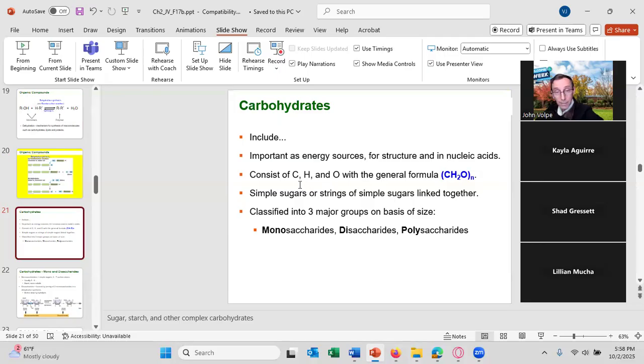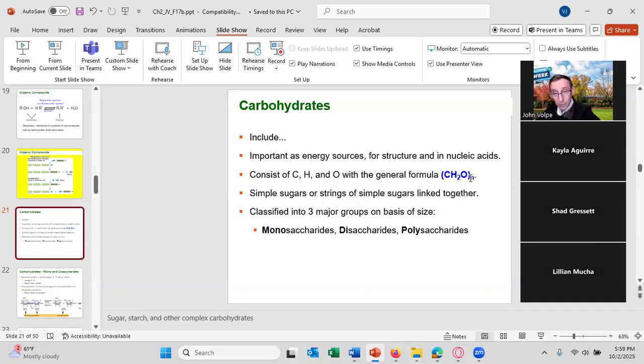Carbohydrates always consist of carbon, hydrogen, and oxygen, and not just any combination, but the general formula is for each carbon, two hydrogens and one oxygen. So for each carbohydrate, you can check CH2O, put a bracket around it, and then an n.